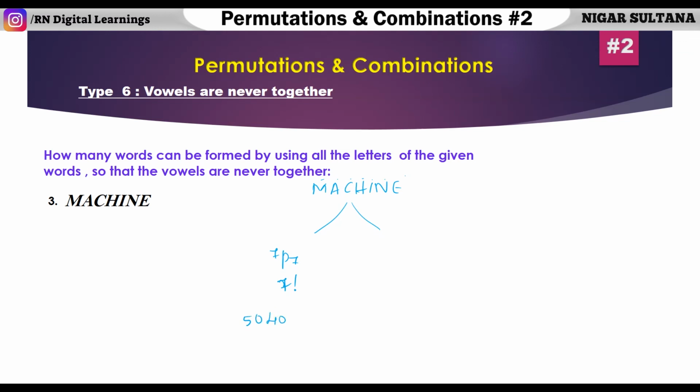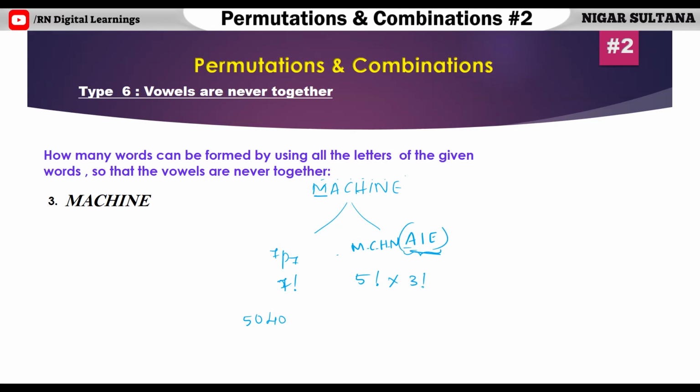So now what is next when the vowels are always together? That is A, we have I and E. Leftovers are M, C, H, N. So now when these vowels are always together, I can place them before M or C or H or before N. 1, 2, 3, 4, 5. So these are my 5 factorial into 3 factorial.